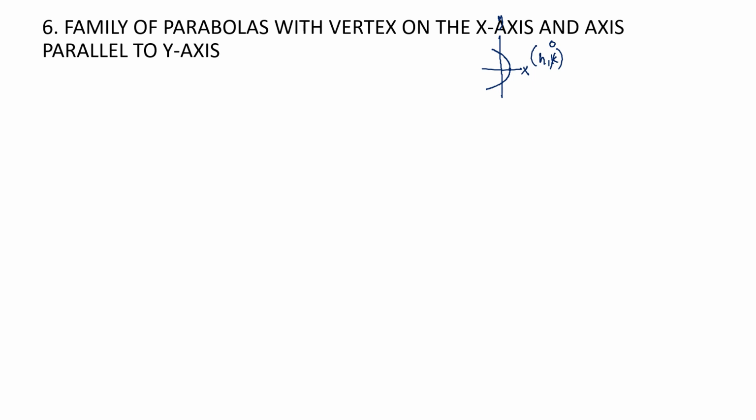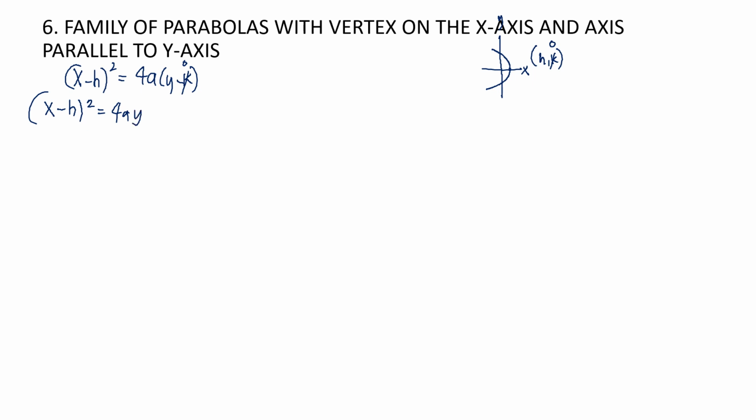So, as we write our general form or equation for parabola parallel to y-axis, this is x minus h squared is equals to 4a y minus k. And, again, the vertex is on the x-axis, therefore, our k is 0. So, our working equation now will just be x minus h and then squared 4a y.